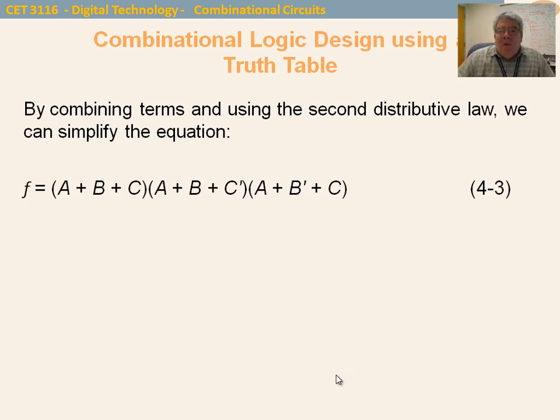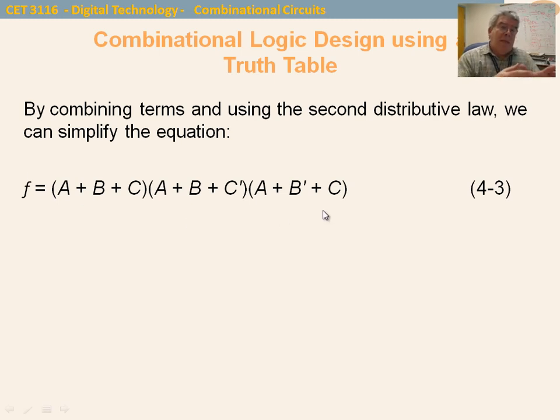So the sum of products and the product of sums, we can always simplify. In this case, we can use some theorems. Usually I show it in this form as the dual, kind of easier for us to see the sum of products and the product of sums. But it's going to be really important that we understand this really well.